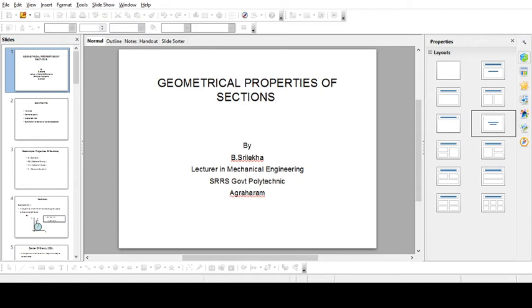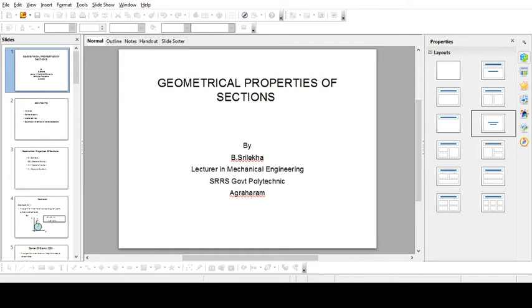Similarly, we also find the y term, that is A1 y1 plus A2 y2 plus A3 y3 and so on, and we find y bar also.